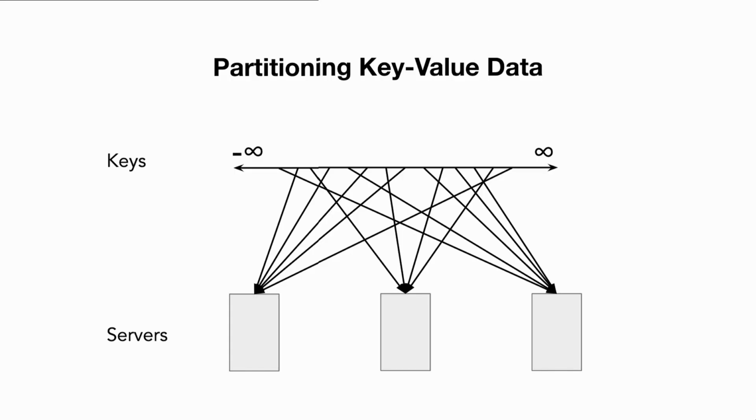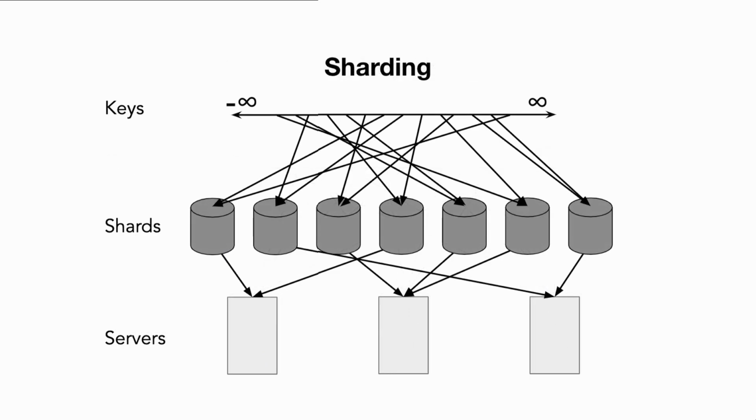So when we consider partitioning data or distributing data in a key value store, the easiest way to think about it is to think about assigning each key to a server. So how do we do that? Well, one of the most common approaches is called sharding, where basically it's a form of partitioning where you assign each key to a shard and each shard to a server.